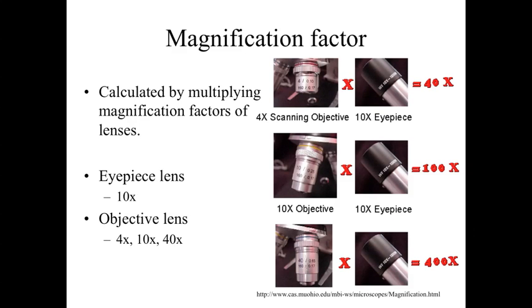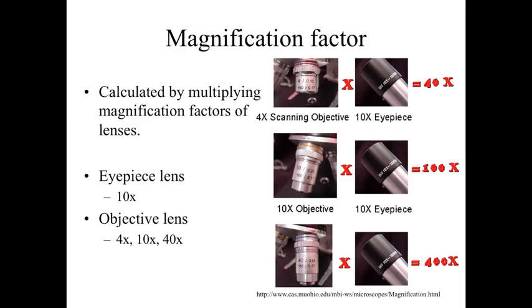So when we talk about magnification factor, and at least at this portion of the course, we're not doing microscope work, but it's important to understand how the magnification factor comes about. You essentially multiply the magnification factors, or the ability of the lenses to enlarge the image.